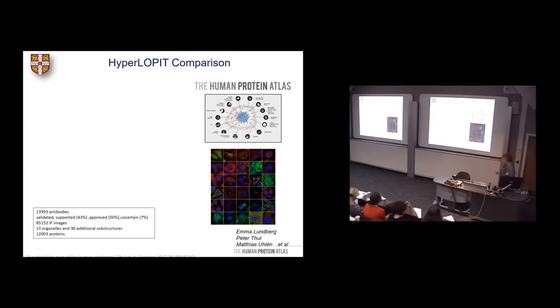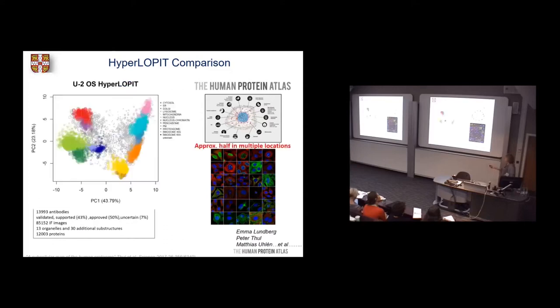So many years ago, we talked with Matthias's colleague, Emma Lundberg, and her team about if we were going to use a new cell line, what would be the preferred cell line from them so that we could compare our data with a large amount of beautiful images that Matthias alluded to this morning. So Emma's favourite cell line at the time was U2OS. So what she did was to supply us with this cell line and also the conditions that they'd used to grow them in their large-scale imaging study.